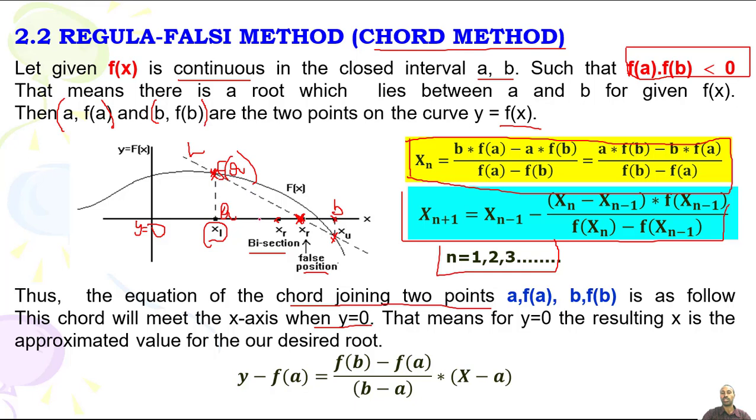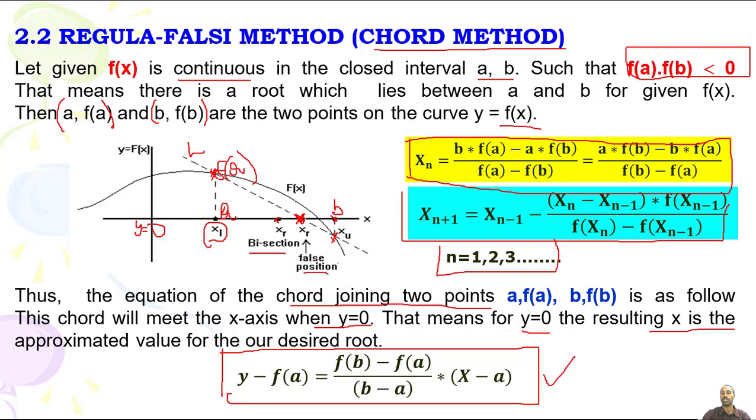Clear? So this line intersects. That means for y equal to 0, the resulting x is approximated by this equation: y minus f of a equals f of b minus f of a over b minus a times x minus a, which means this is the same as this one. So you can just iterate.